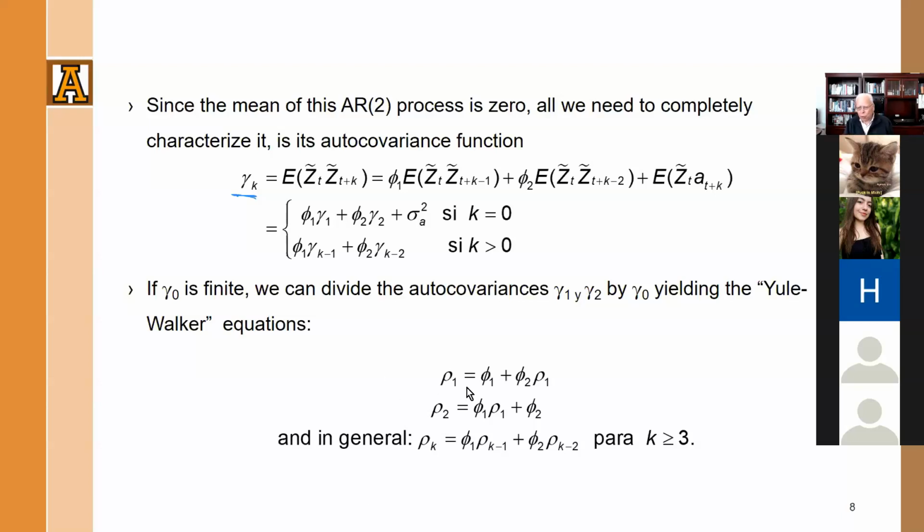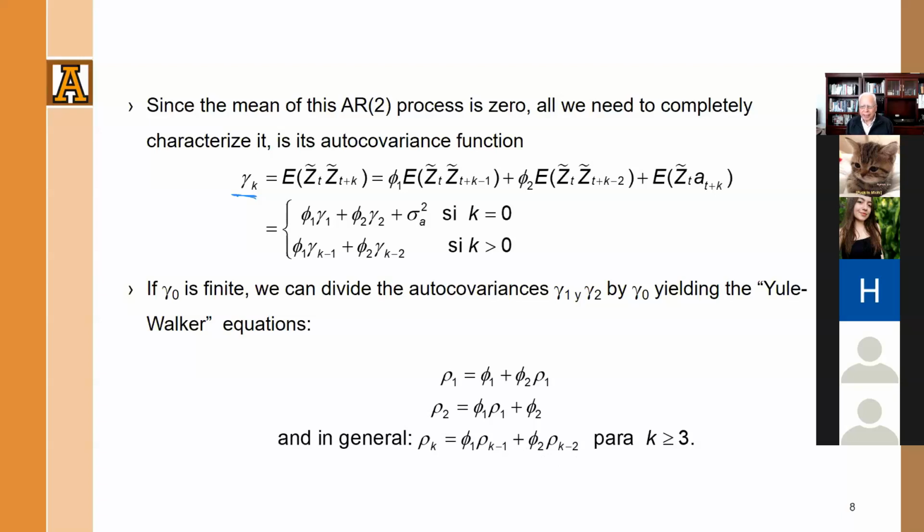It says that rho 1 is phi 1 plus phi 2 rho 1, and rho 2 is equal to phi 1 rho 1 plus phi 2. And in general, for k greater than or equal to 3, rho sub k is going to be phi 1 rho k minus 1 plus phi 2 rho k minus 2.